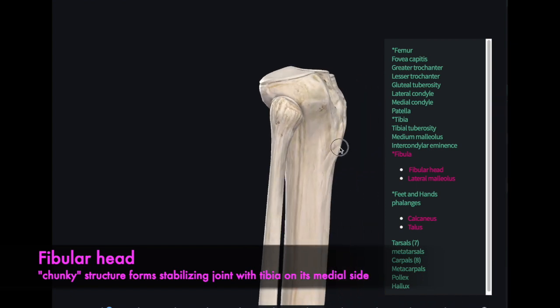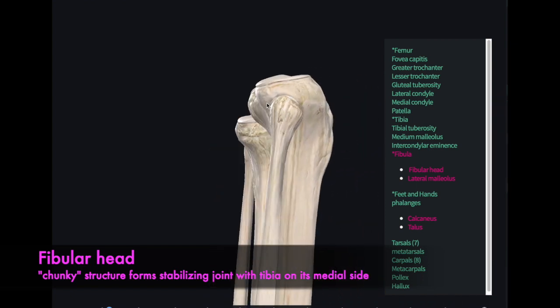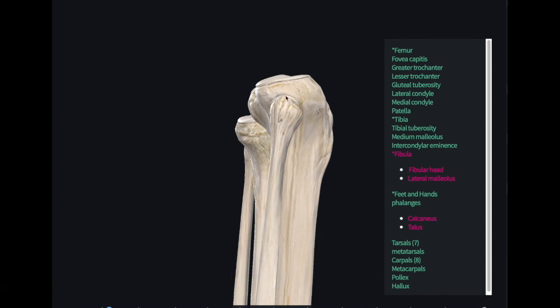Another fact here is that we have a muscle that will attach onto the head of the fibula, and this is going to allow us to rotate our leg to the side. So anytime we want to turn our foot out, it's also going to allow us to flex our foot, so point our toe upward.